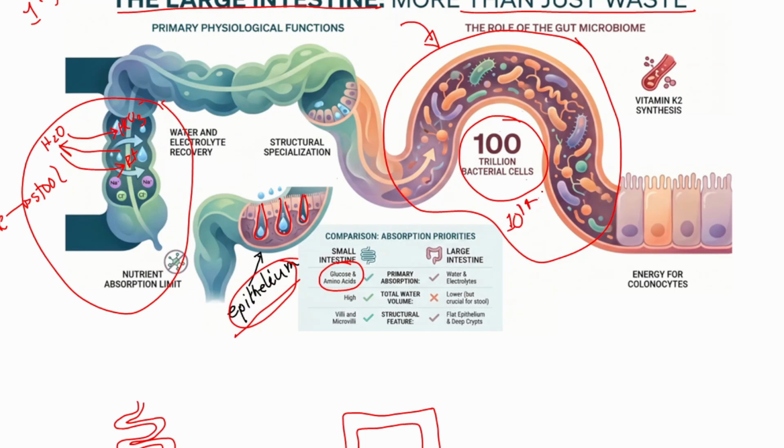The dominant bacterial classes within this anaerobic population consist mainly of Bacteroides, Firmicutes, and Bifidobacterium anaerobes.